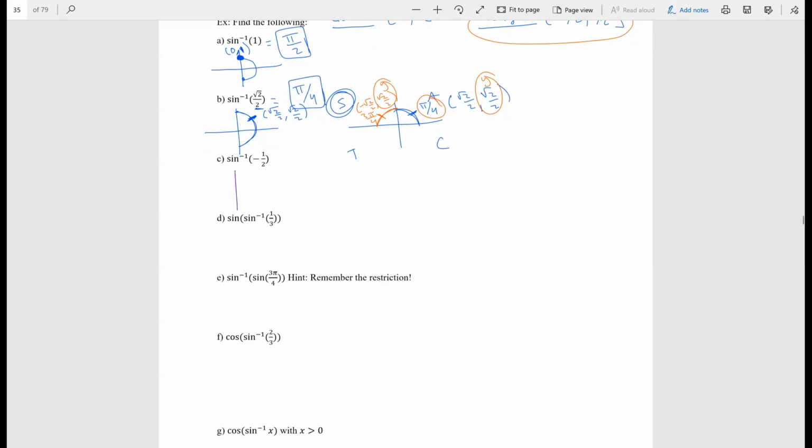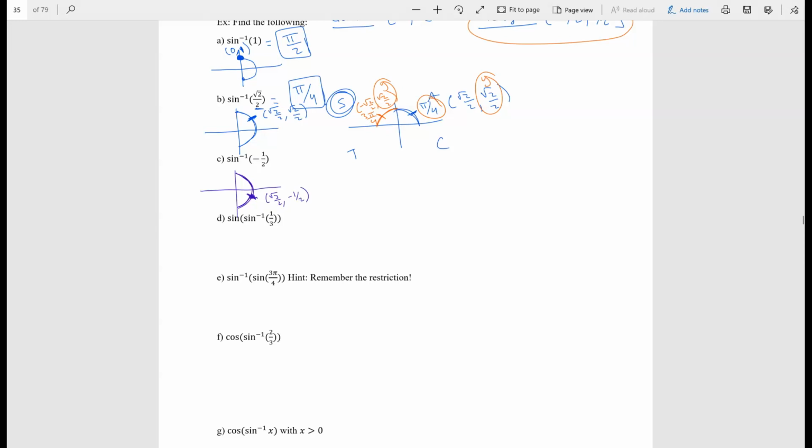So you have to think about where exactly sine inverse of -1/2 is going to be. I can only get these values. If you look at the unit circle, you have here square root of 3/2, comma -1/2. What angle does that correspond with? You would say the angle would be 11π/6.